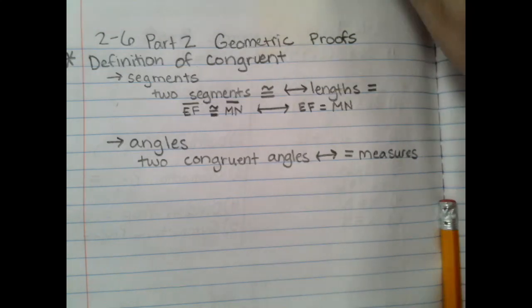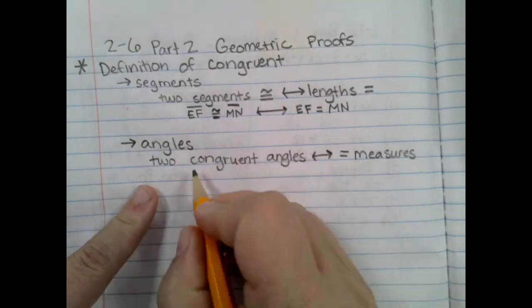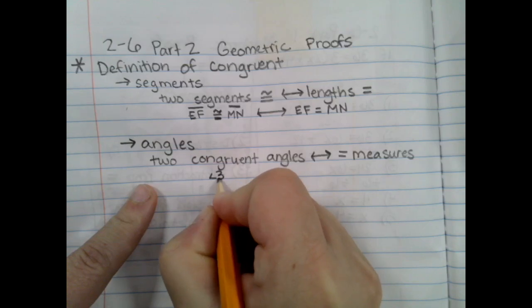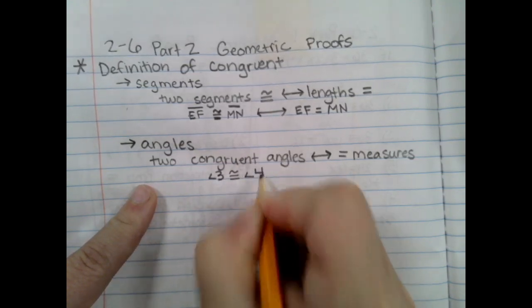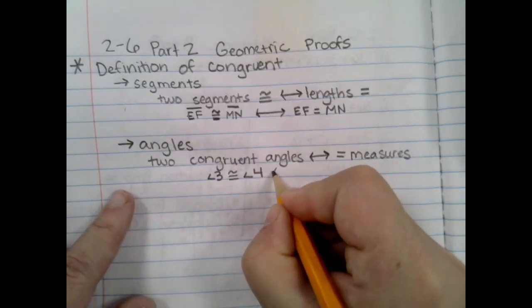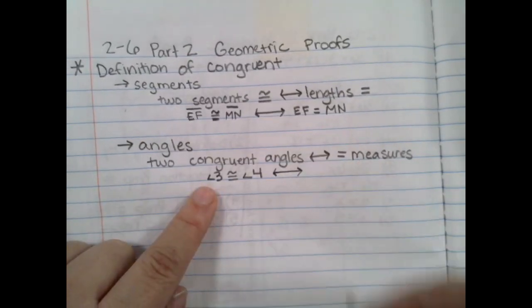And what that looks like when you do two congruent angles, we would say angle 3 is congruent to angle 4. But then when we go to that measure, when we do a measure, this time we put the little m in front.